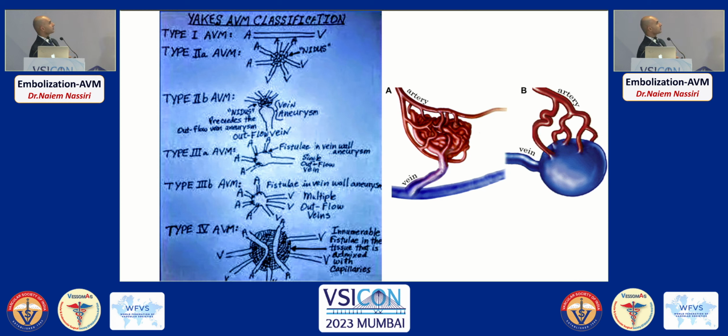There are Yakes type 1, which is a direct fistulous connection, something like this, for example. There's a Yakes type 2, which is a 2A and 2B. The 2A is the one that classically involves a nidus, something like this, which is that low pressure sump that sucks blood and recruits arterial feeders and venous drainers. The 2B AVM tends to be the ones that have a nidus, but that nidus has an aneurysmal degeneration of the vein.